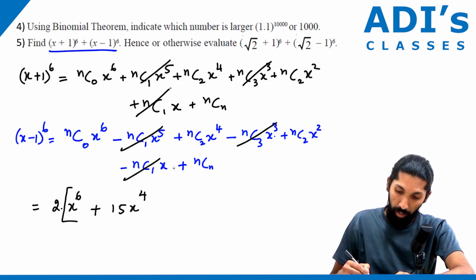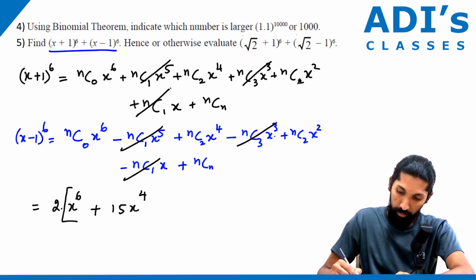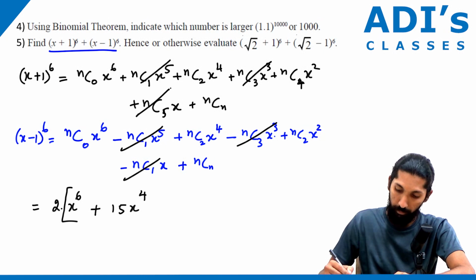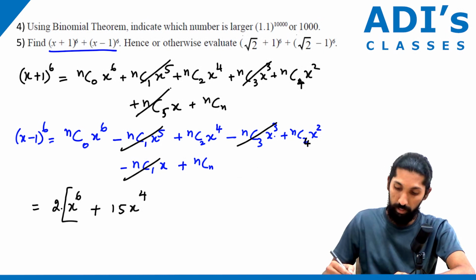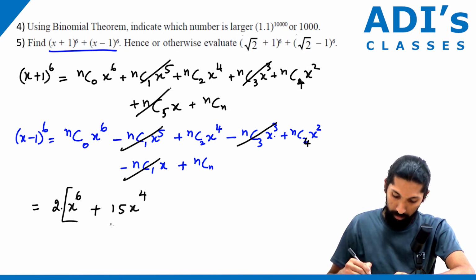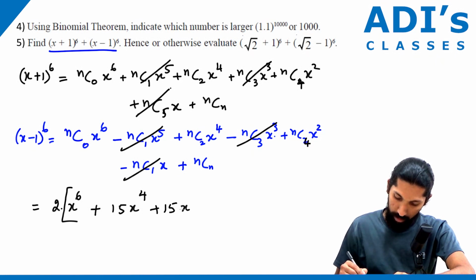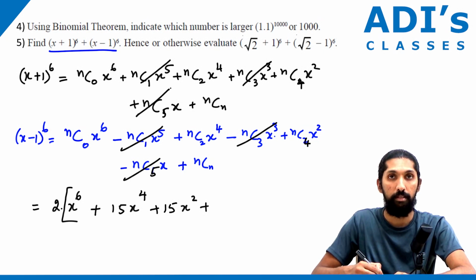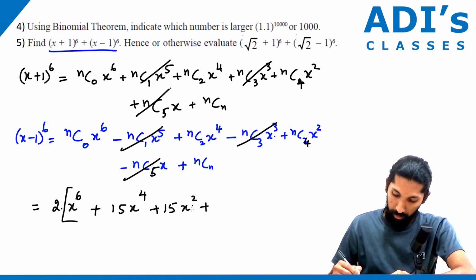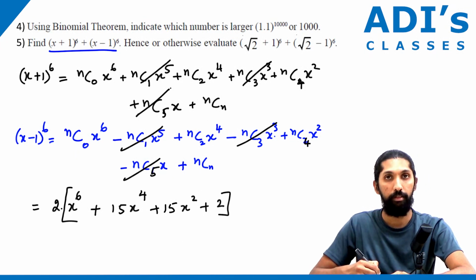Next it should be nC4, so this should be 4. 6C4 and 6C2 are one and the same, so 6C4 is going to give us the same thing, 15 only, isn't it? Plus 15 into x square plus 6C6. What is 6C6? 1. So 1 into 1, so 1 plus 1 becomes 2. This is what we have, correct?